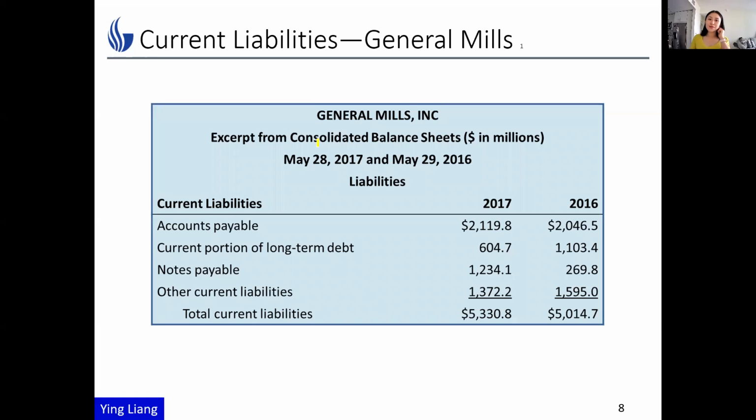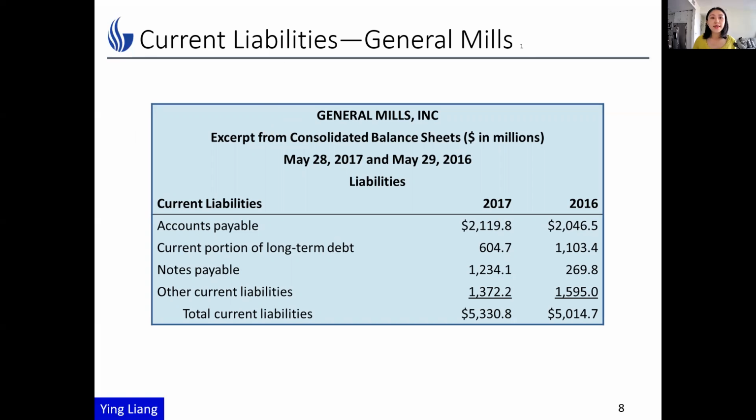Now, let's use the current liability section of the balance sheet of General Mills and the related disclosure notes in the next slide to provide some perspective. General Mills' presentation and supplemental footnotes are fairly typical.